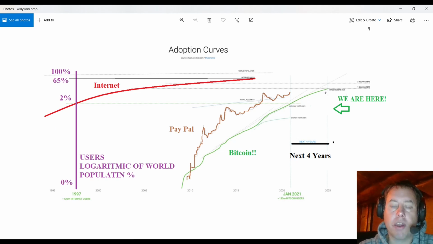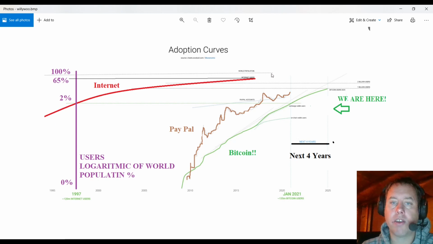I think that growth is going to come down a little bit, but the internet grew with 60% back here year over year. Bitcoin is growing with 113% right now, or the crypto space in general is growing with 130%. And also you have PayPal, which is sort of following the same growth rate as Bitcoin. And these three things kind of feed off each other.